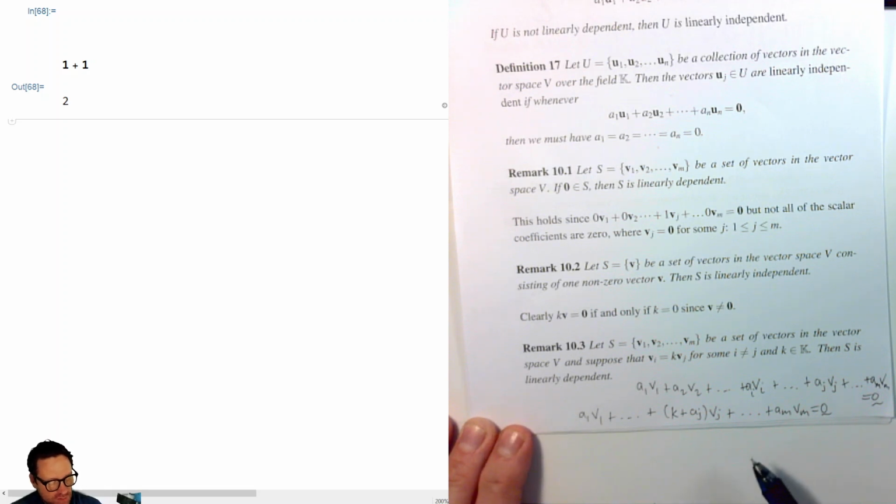It will be possible to have the coefficients not all 0.